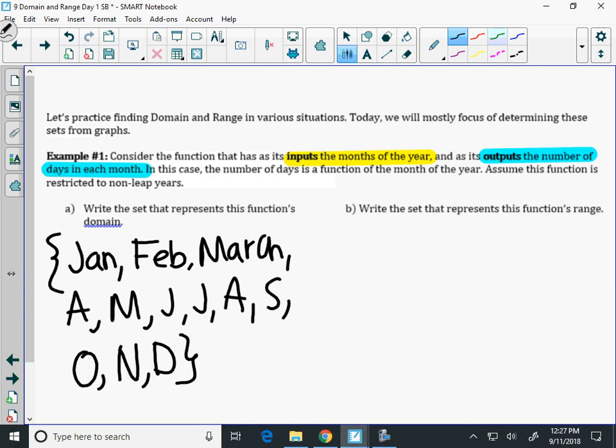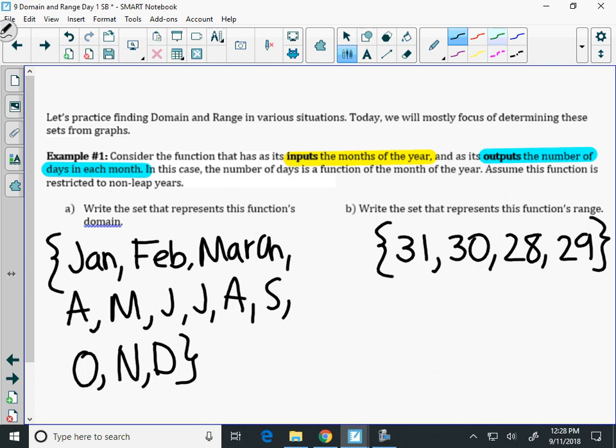Now the output of this function, it says, are the number of days in every month. Now when you write a set, how many days could be in a month? 31. Okay, what else? 30, 28, and in leap years, 29. Do I need to list all the months that do 31? Do you guys know the rhyme? 30 days have September, April, June, and November? No?